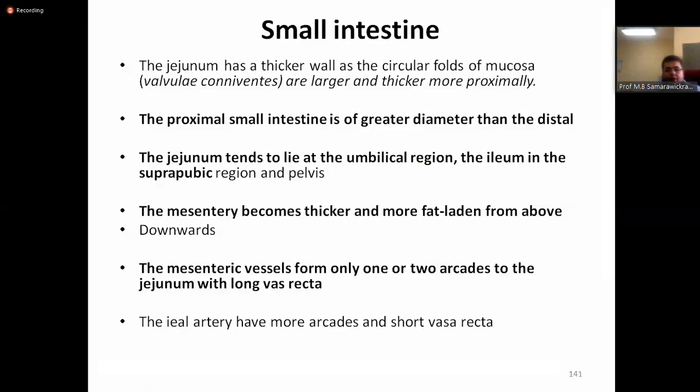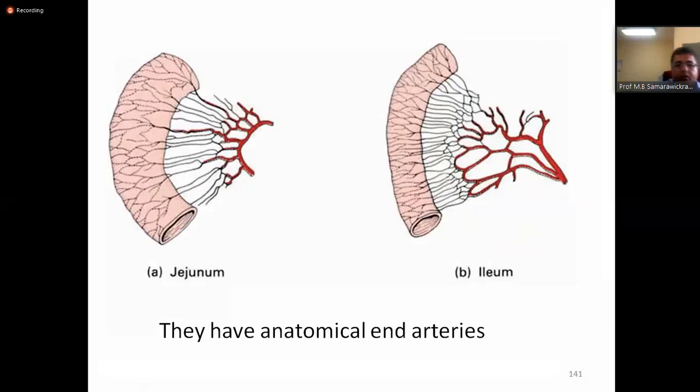In the small intestine, we have to know how to differentiate the jejunum and ileum. I'm not going to describe all this. These two pictures you must be familiar with, maybe as spots.